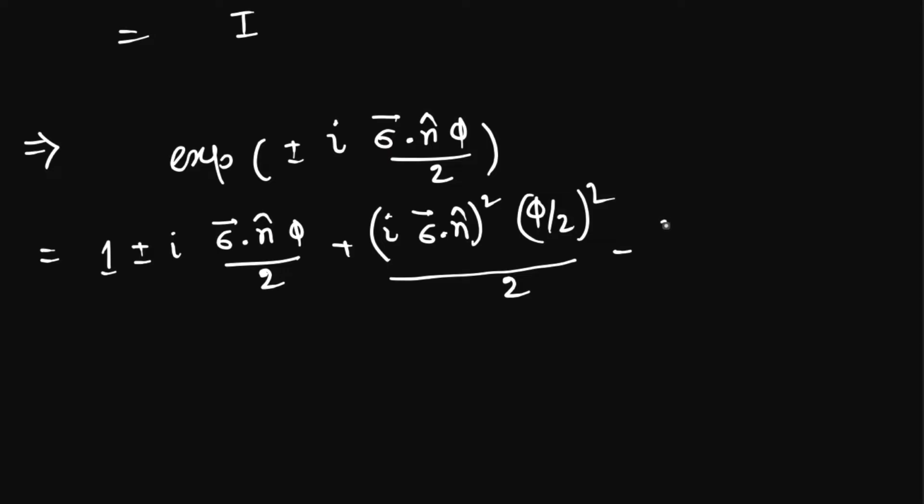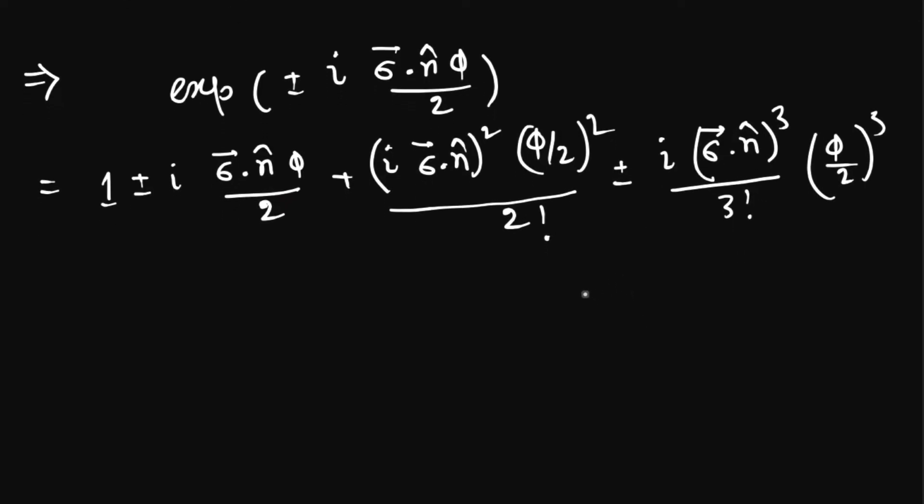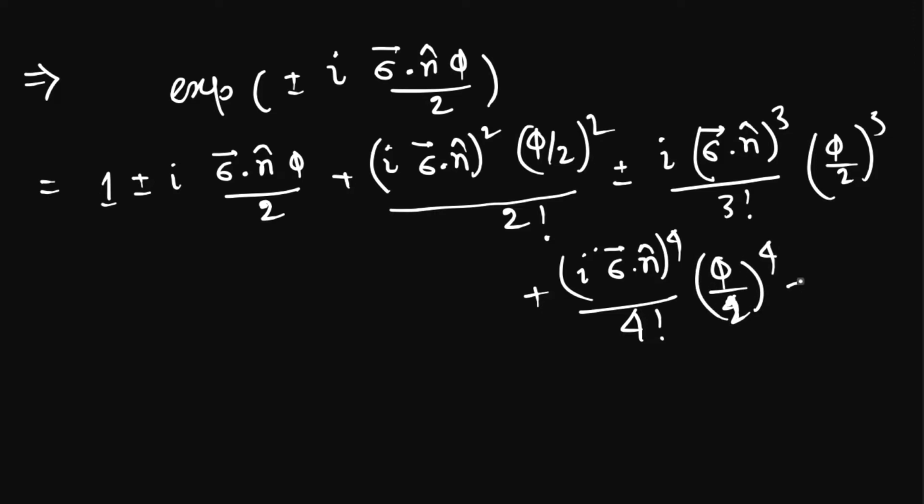minus i sigma dot n cap whole cube by 3 factorial into phi by 2 whole cube, and plus i sigma dot n cap to the power 4 by 4 factorial into phi by 2 to the power 4, plus dot dot dot.